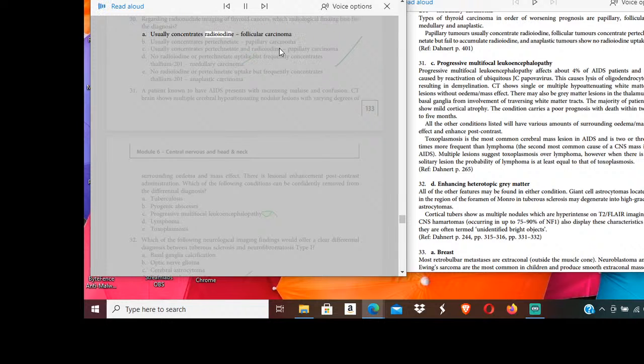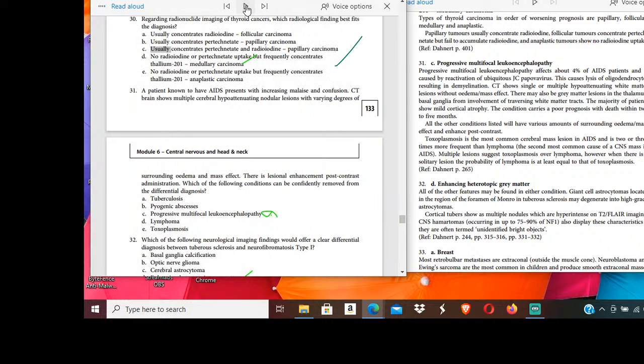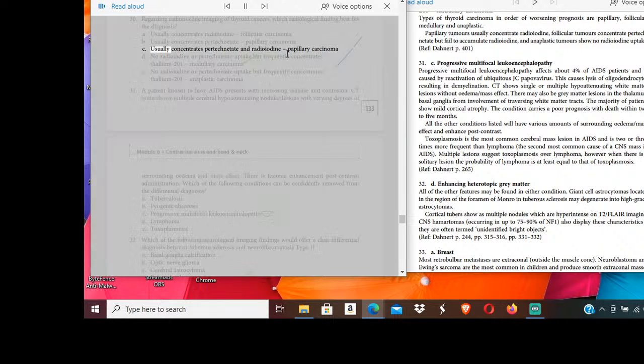A. Usually concentrates radioiodine: follicular carcinoma. B. Usually concentrates pertechnetate: papillary carcinoma. C. Usually concentrates pertechnetate and radioiodine: papillary carcinoma.